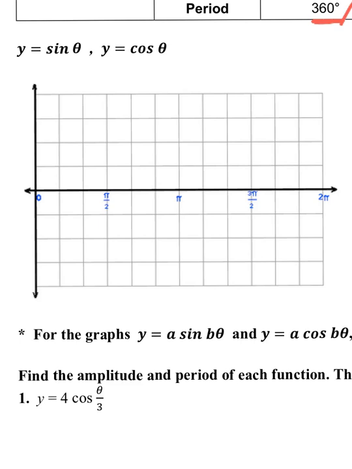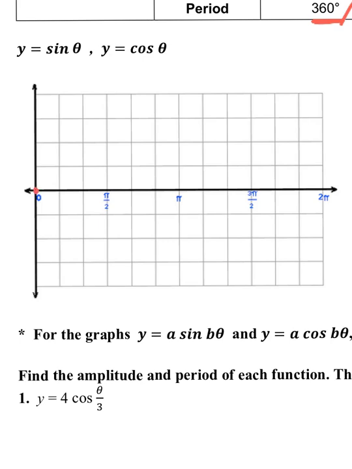If you have a unit circle handy next to you, that'd be really helpful. Just remember, sine is the y coordinate. At the angle 0, the value of y is also 0.